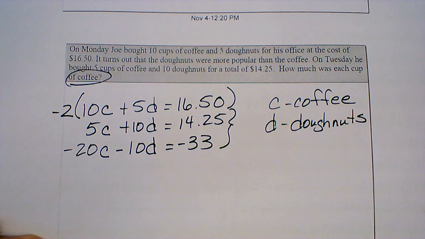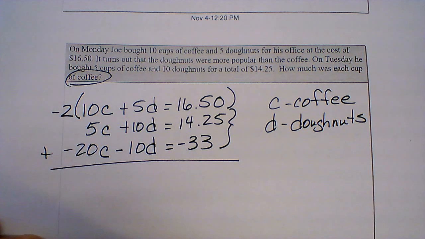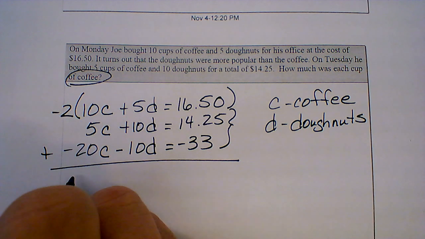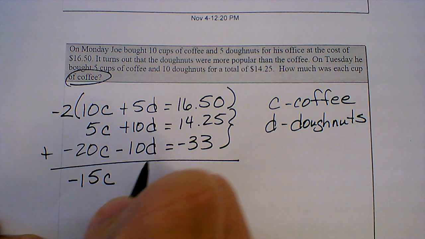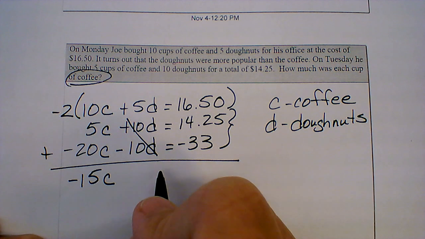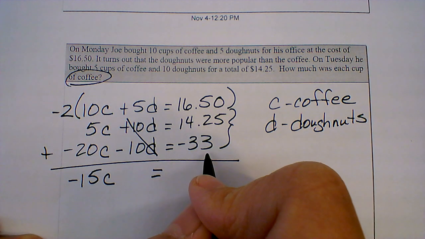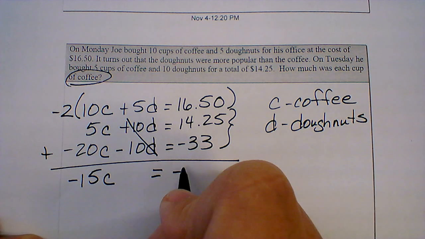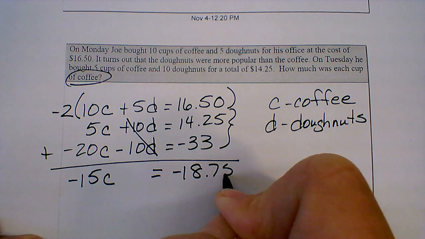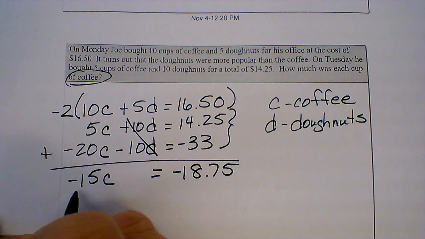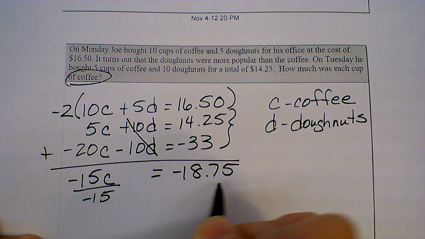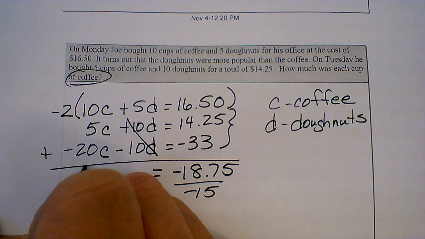So again, these are the 2 equations I'm working with now. I'm going to add them together. 5C minus 20C gives me -15C. My D's cancel. 14.25 minus 33 gives me -18.75. To solve for C, I divide both sides by -15.